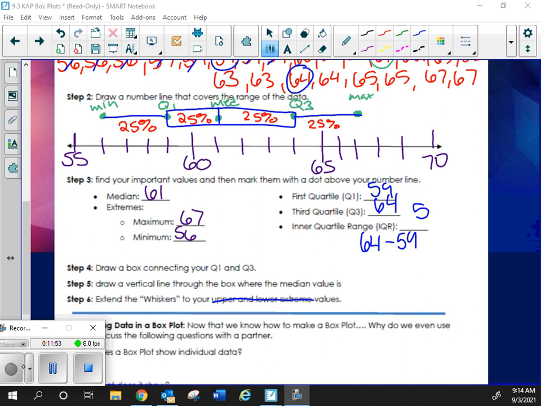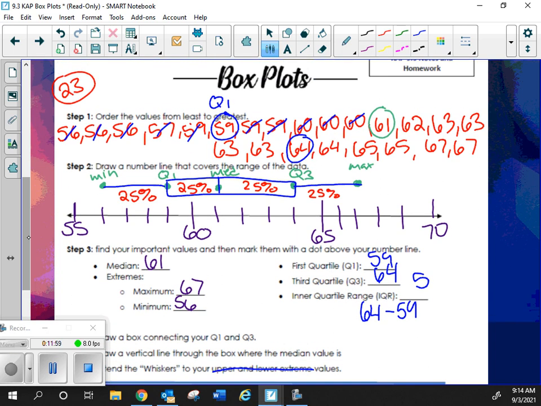So for those of y'all on the recording, maybe look at your points between the Q1 and the median, and then from the median all the way to Q3. What do you notice? Turn and talk with your table groups. What do you think might have caused this part of the box to be smaller versus this part over here?